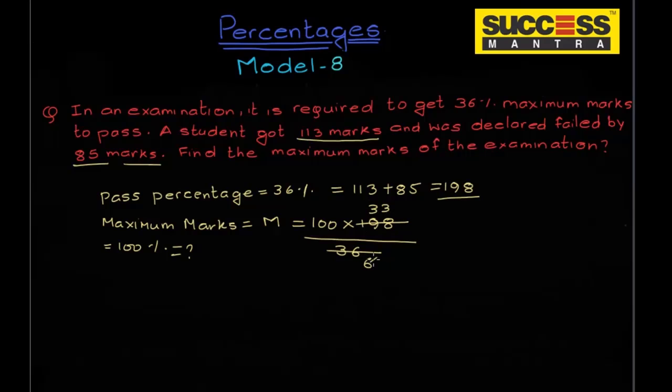Now 3 2s are 6 and 3 11s are 33. Here 2 5s are 10, so 50 into 11 gives 550. So the maximum marks of the examination is 550.